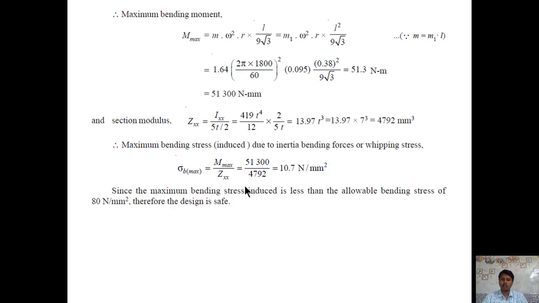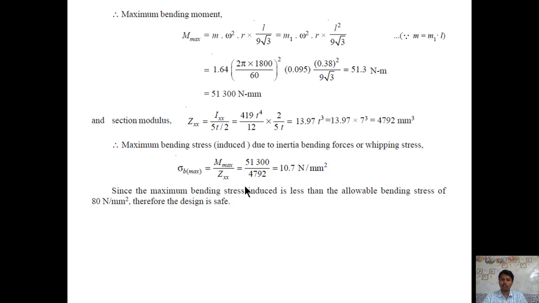These two components we are designing with respect to gas force, because the induced stress is because of gas force. The third part is the bolt which secures the cap to the big end of the connecting rod, and the fourth part is the thickness of the big end cap.